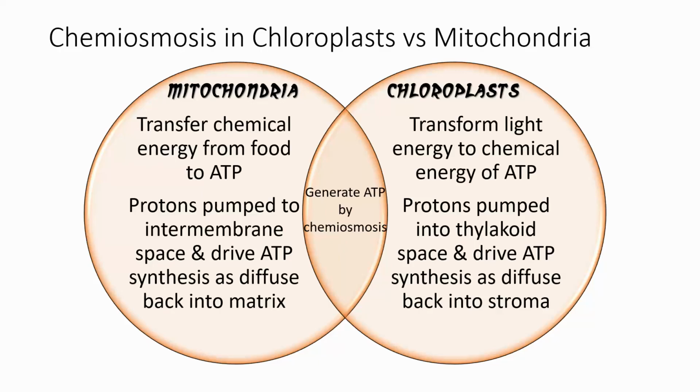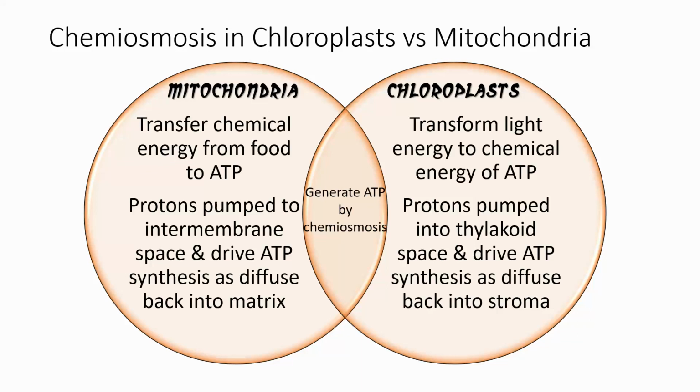Just wanted to point out a few things in comparison between photosynthesis and cell respiration. You do use chemiosmosis, meaning using that proton gradient to generate ATP in both chloroplasts and in mitochondria. The major differences are in mitochondria, you're transferring chemical energy from food to ATP, so you're just going from one type of chemical energy to another, whereas in chloroplasts, you're transforming light energy into chemical energy.